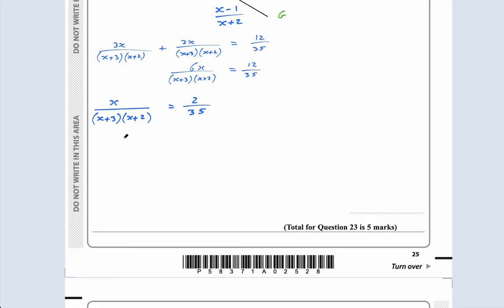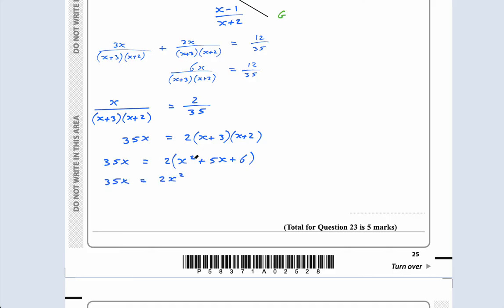Then cross multiply: 35x, so this times 35 equals 2 times this, 3 times x plus 2. 35x equals, leave the 2 outside, I'm going to do x squared plus 2x plus 3x, which is plus 5x plus 6. 35x equals 2x squared.